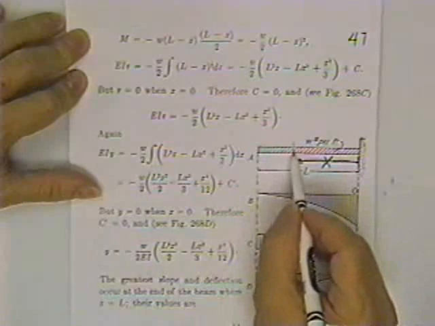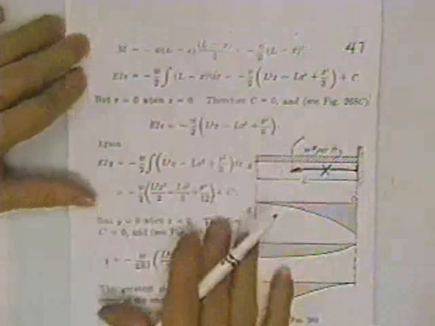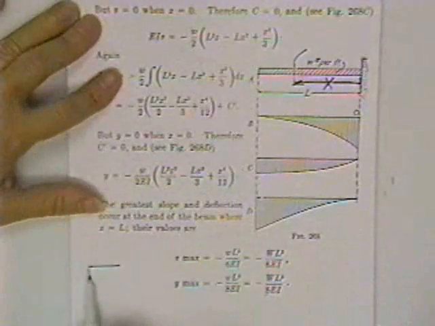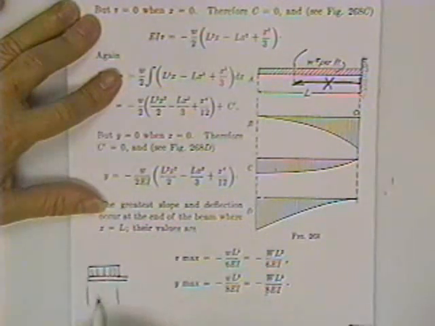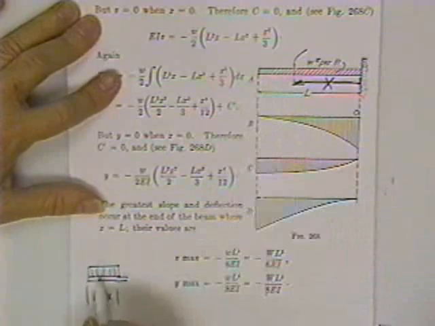That means that the bending moment at any point, right here for instance, can be found by drawing just a little piece of the beam, putting that load on it. This length is L minus X. That's how much of the beam we arbitrarily cut off to study.